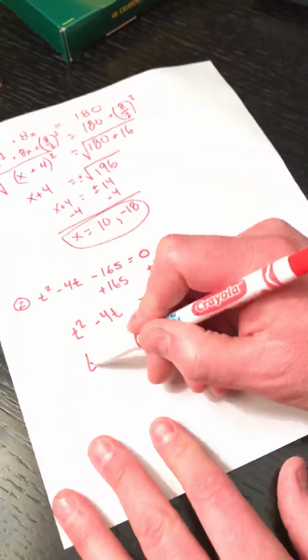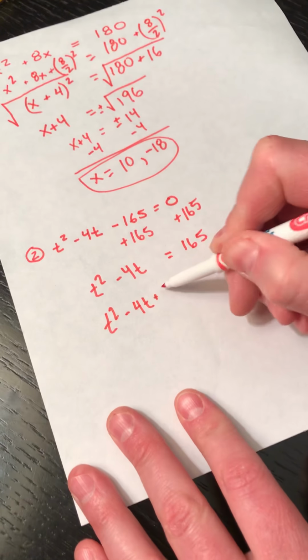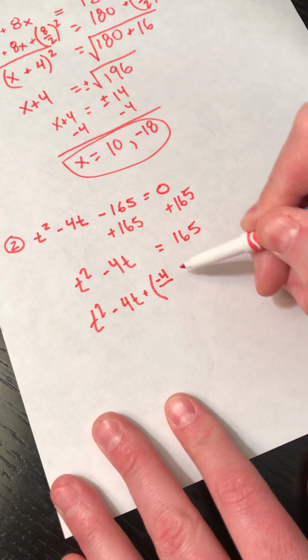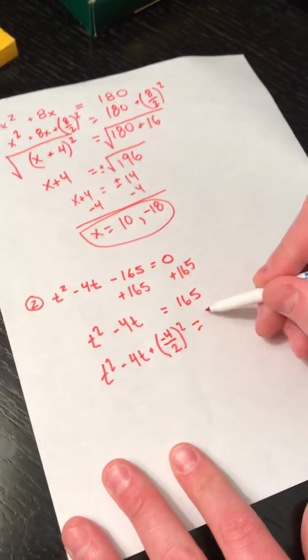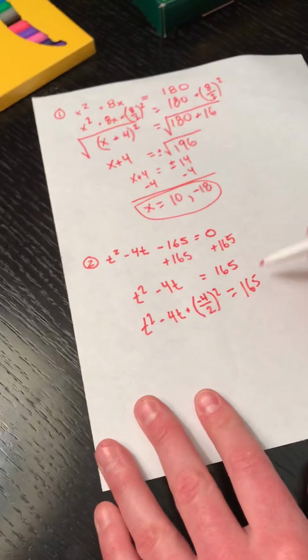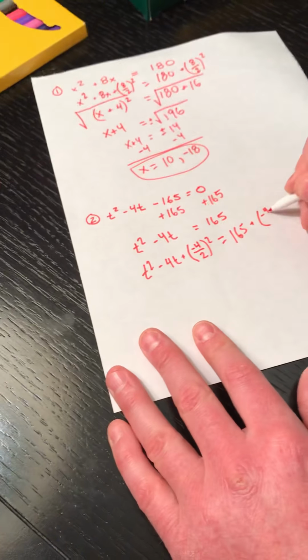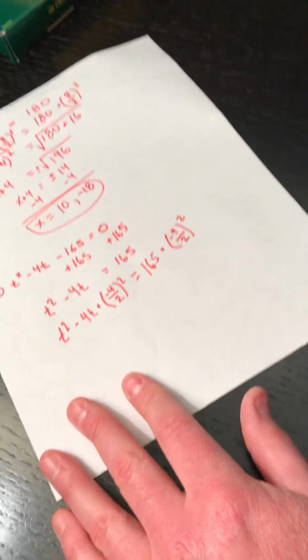So t squared minus 4t, we're adding, but now it's going to be negative 4 over 2 squared. But whatever we do to the left side, we have to do to the right side. So we're adding a negative 4 over 2 squared.